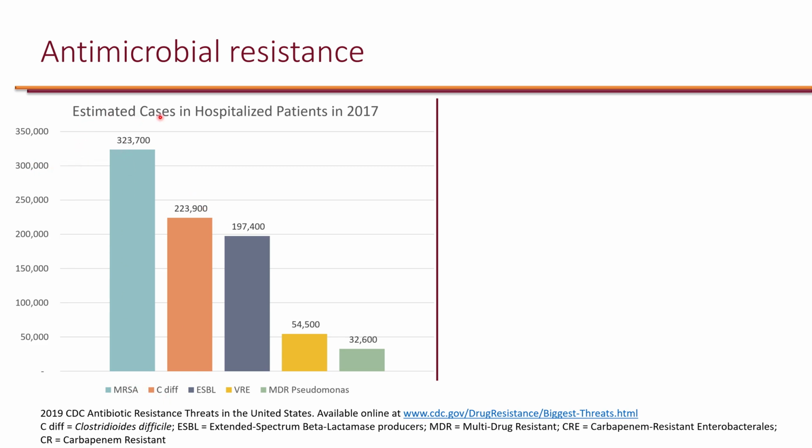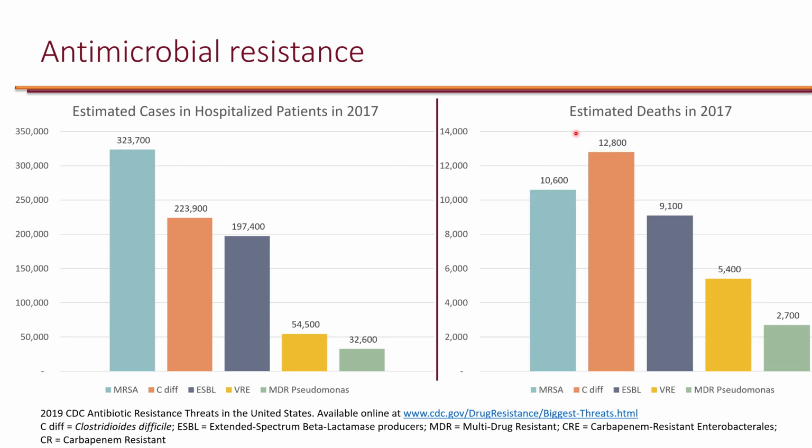So, estimated cases in hospitalized patients in 2017 was over 300,000 cases, whereas C. diff was about 223,000. ESBL is 197,000. So when you compare to other bad organisms, MRSA is pretty much more common.